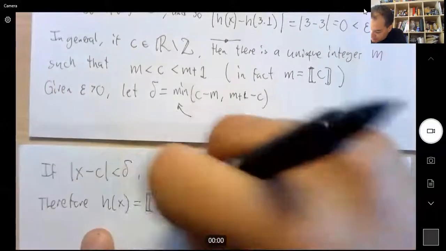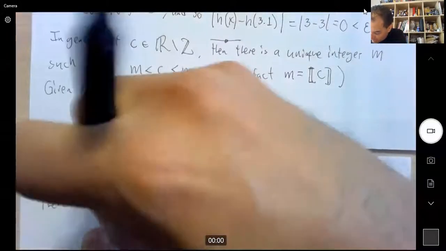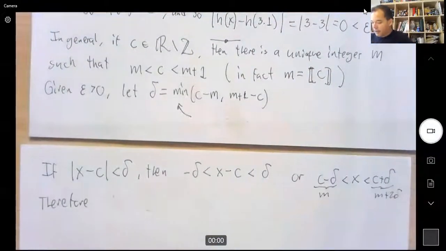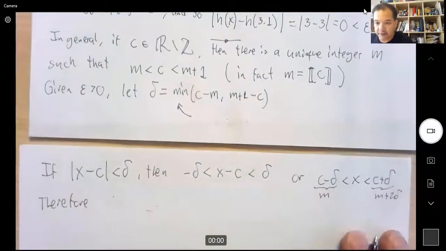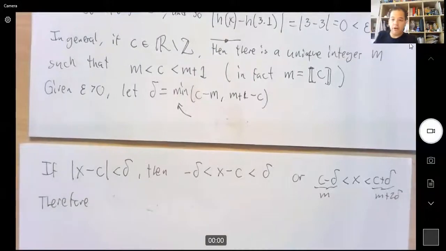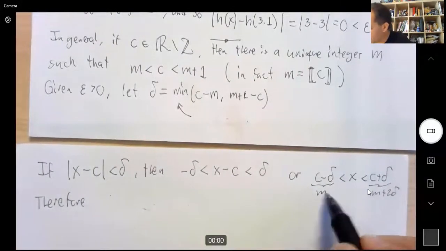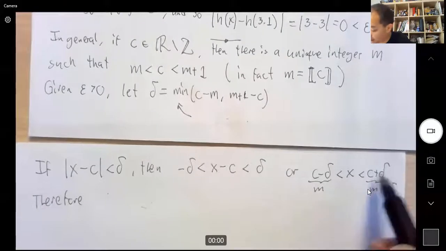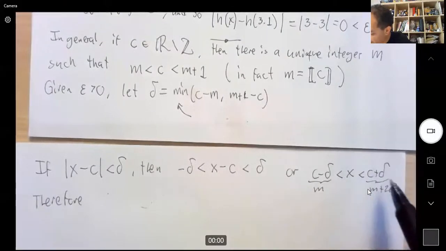I should explain better why the floor of h is m, right? So this part is correct. This part right here tells me that indeed x is bigger than m. But this may be too big. That's a problem, right? So now I've got to check that this doesn't happen.